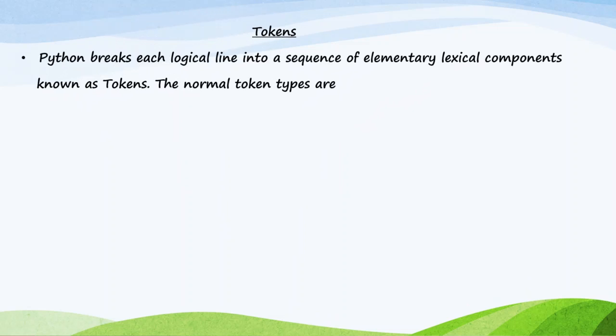Python breaks each logical line into a sequence of elementary lexical components known as tokens. Each statement in Python is made up of many words. Each word or each lexical component in a Python statement is known as a token.